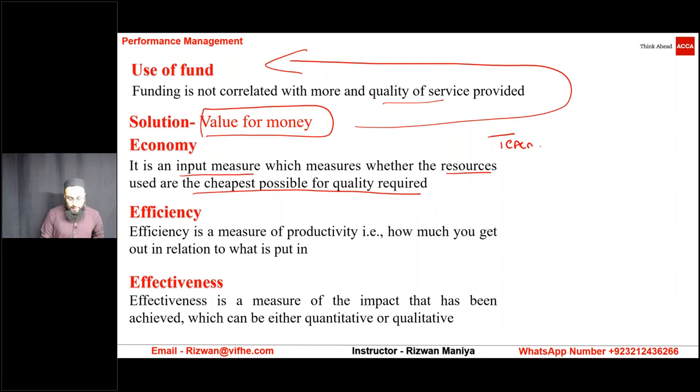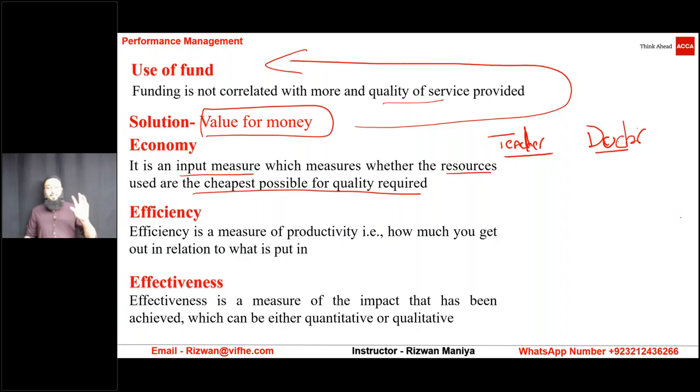Now, if I give you an example of a hospital, the main resource used in a hospital is what? Doctors and nurses, for example. So these are the main resources. Now, what does economy say?